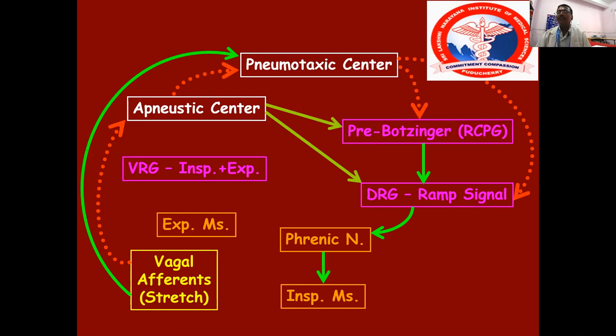Further, the apneustic center will inhibit the pneumotaxic center. Therefore, when the pneumotaxic center is free from the stimulation from the apneustic center, it will exhibit its inhibitory action. Okay. Now going to the next, chemoreceptors, which are nothing but chemical receptors.